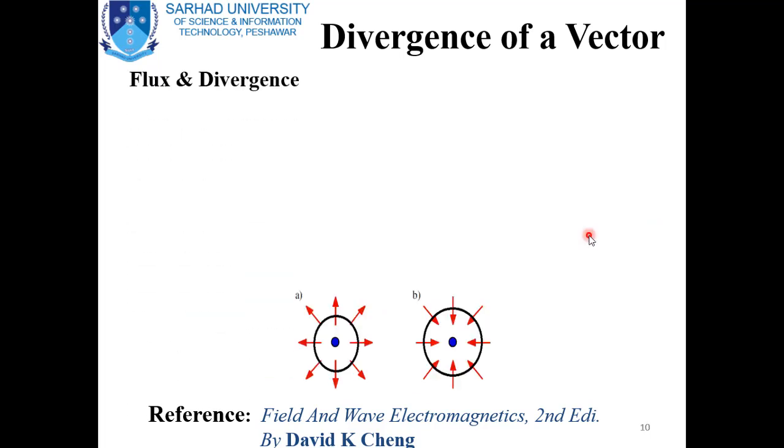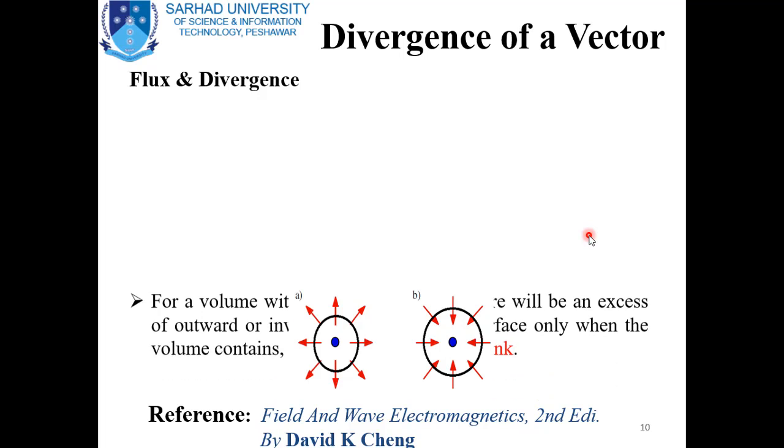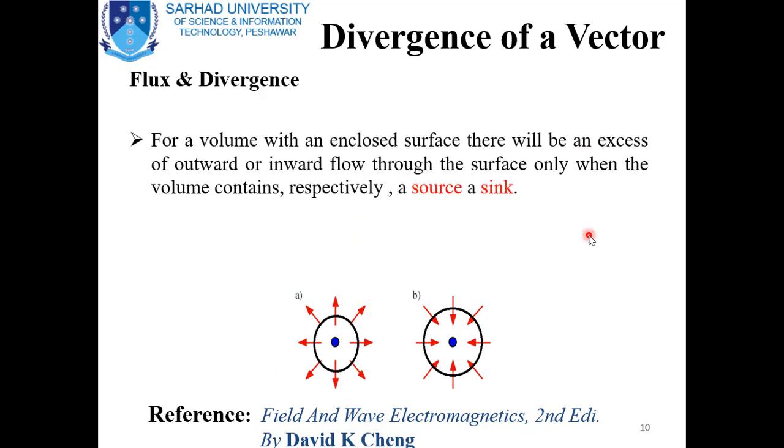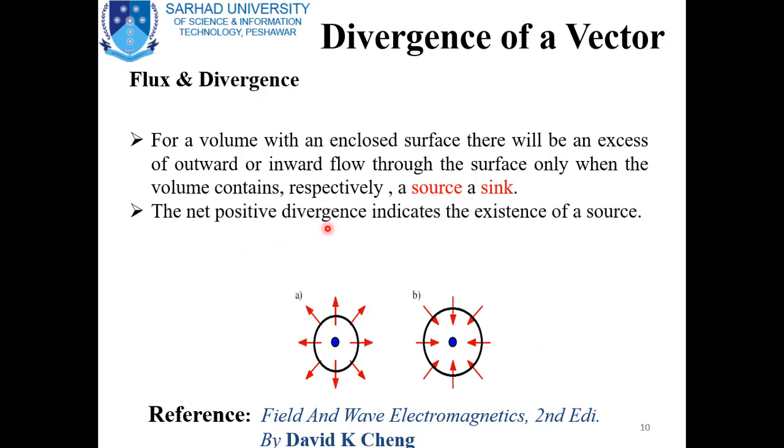Now in this slide we will discuss the operator form of divergence of a vector field, but first we explain the statement outward flux. For a volume with an enclosed surface, there will be an outward or inward flow through the surface only when the volume contains respectively a source or a sink. That is, a net positive divergence indicates the existence of a source.